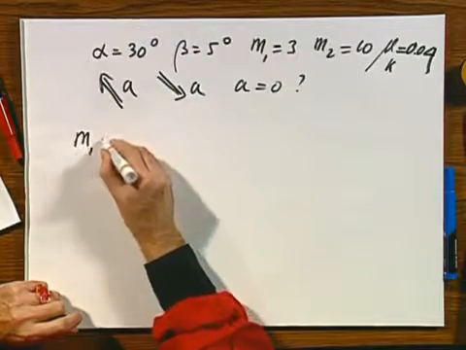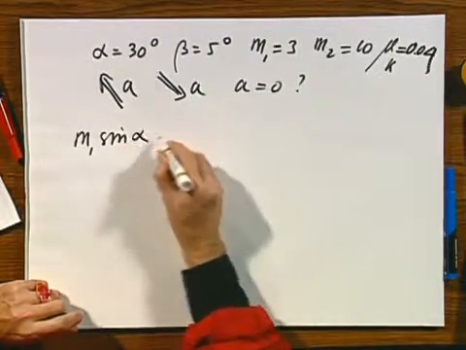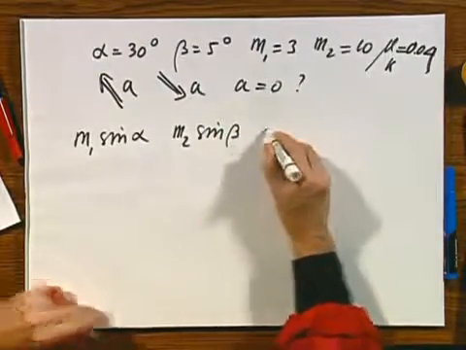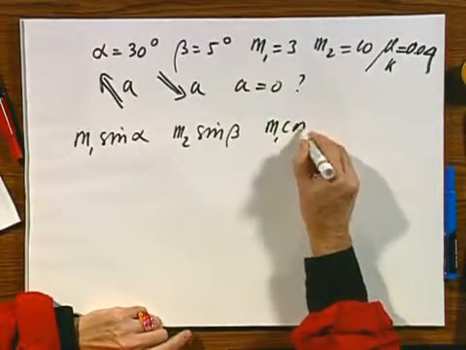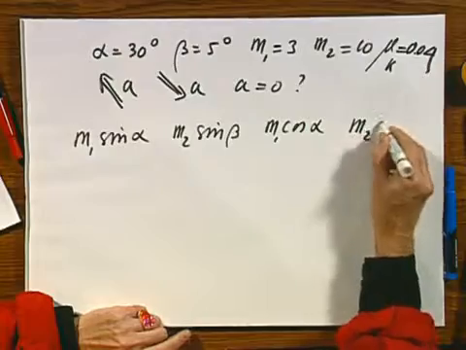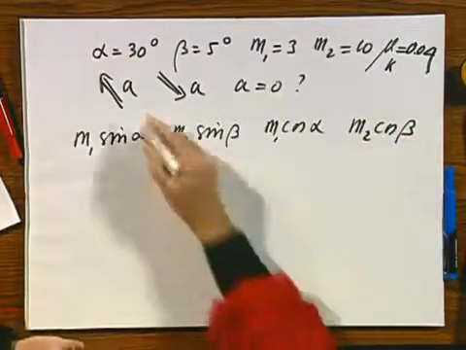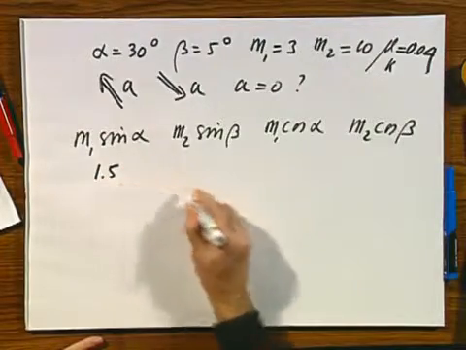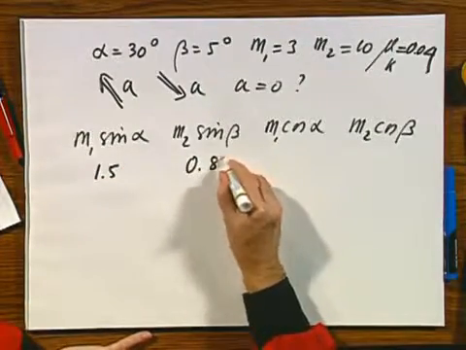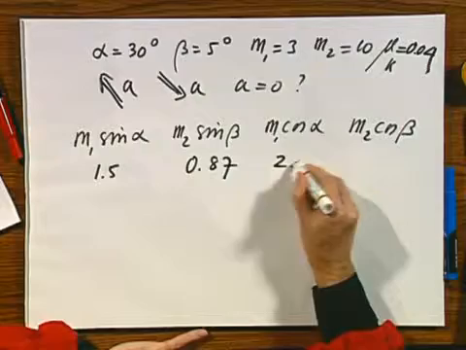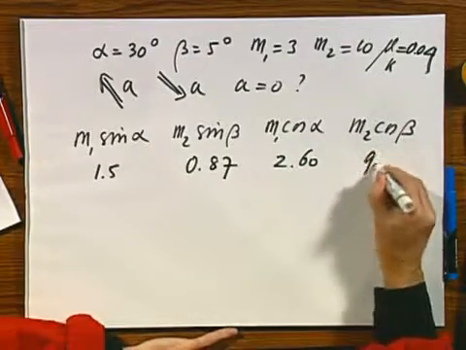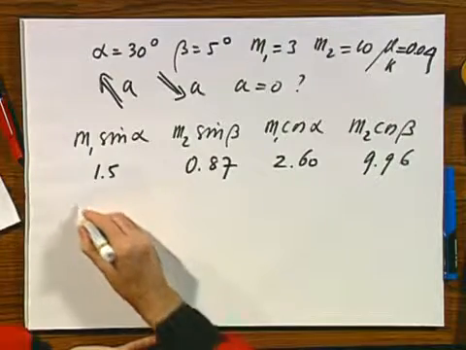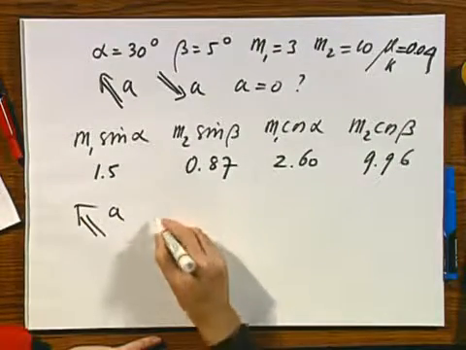Well, what I did was, I said, let's calculate M1 sine alpha, let's calculate M2 sine beta, let's calculate M1 cosine alpha, and let's calculate M2 cosine beta. I substitute these numbers in. If I didn't make a mistake, I find plus 1.5, 0.87, 2.60, 9.96. Let's first evaluate whether perhaps A is in this direction.